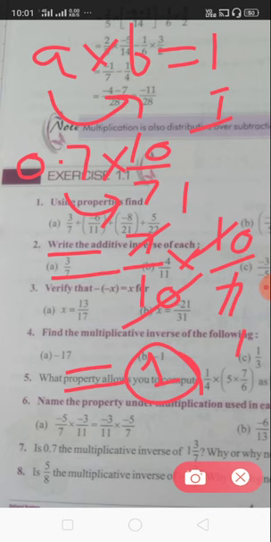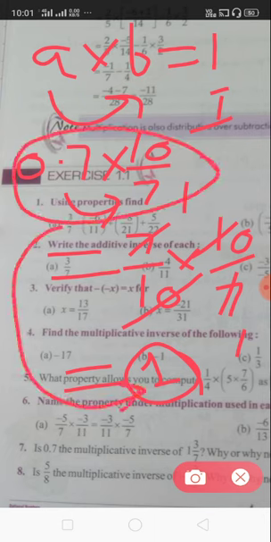Identity. It means we have multiplied the two numbers and we get the identity. It means this 10 by 7 is the inverse of 0.7, or you say 0.7 is the inverse of 10 by 7. So why is it, you say yes, why? Because its product is 1, we get the multiplicative identity. Do you understand?